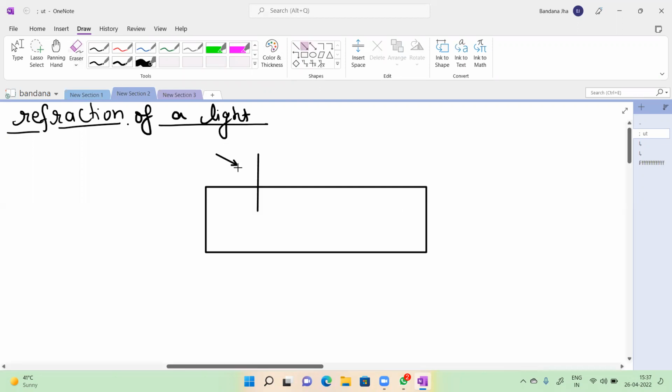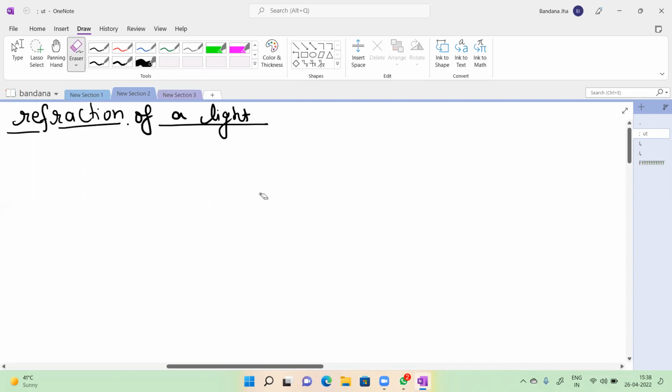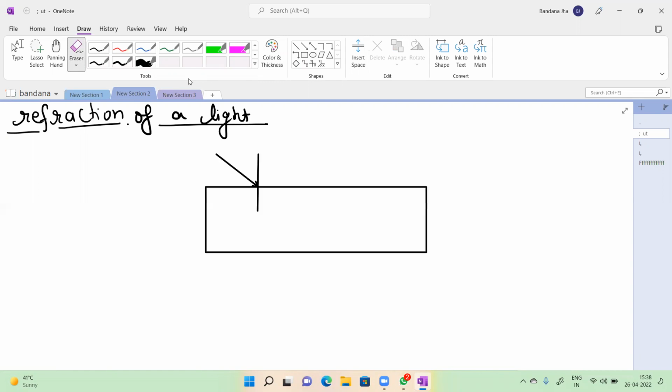So when a beam of light comes from a rarer medium to a denser medium, then it will move towards the normal.